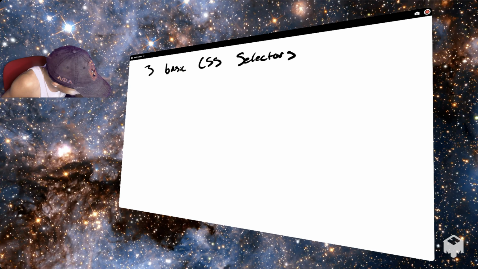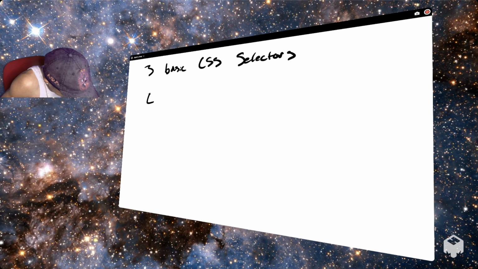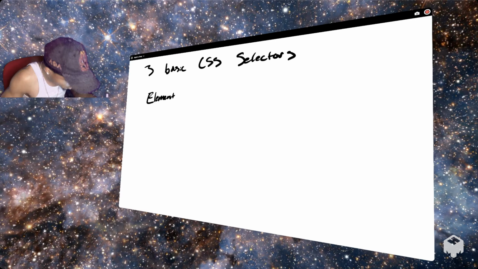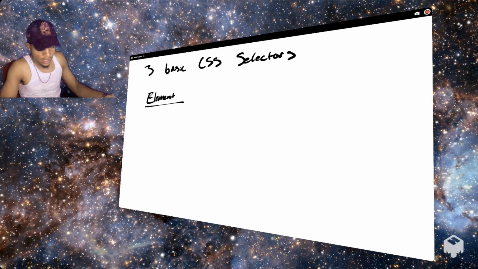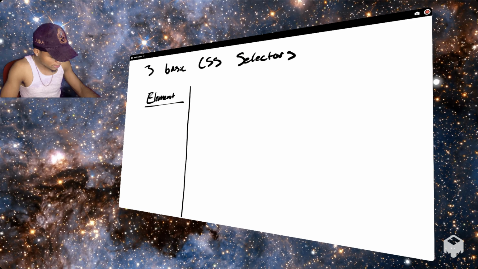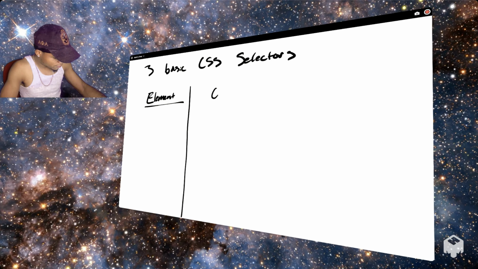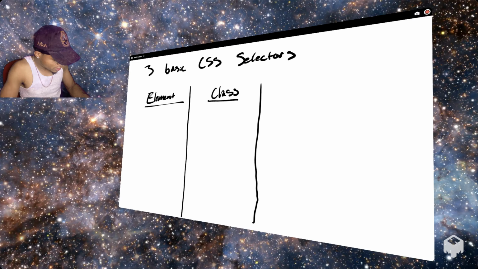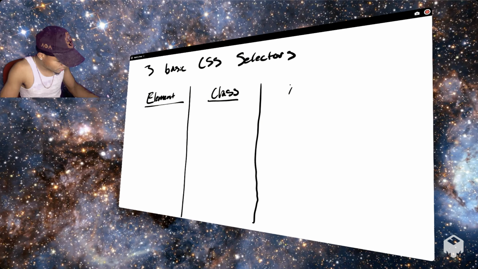Let me bring that down to about right there. You got your element selectors. Then you got your class selectors. And then you got your ID selectors.